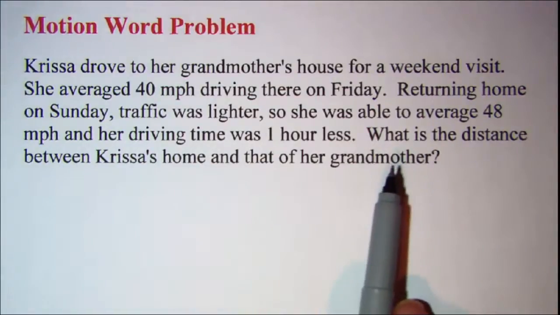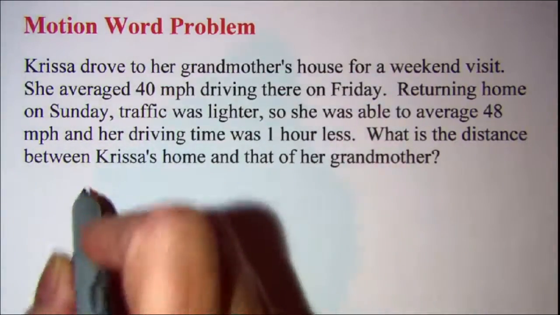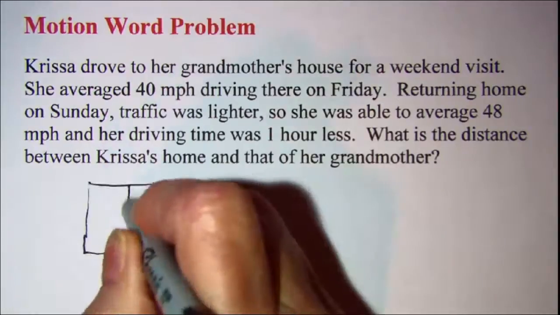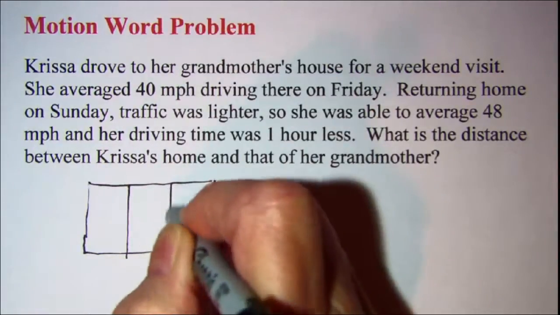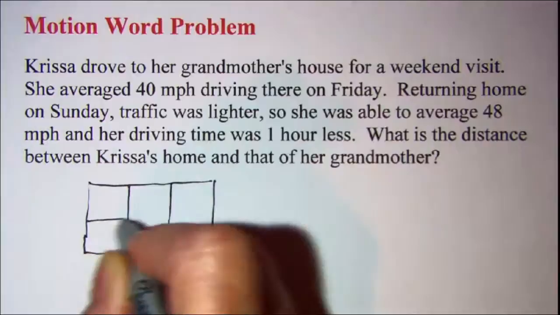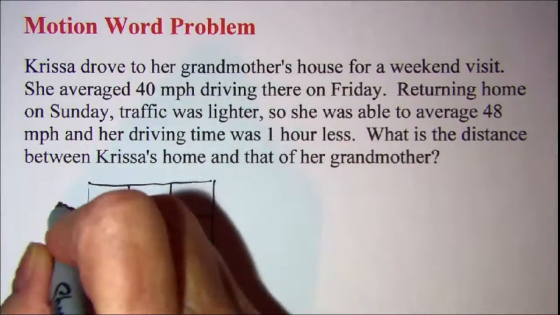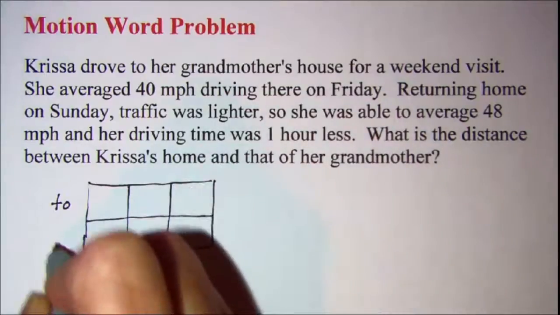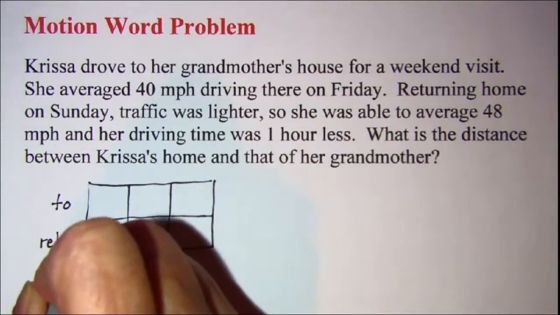Now, when I do a motion word problem, I like to organize my information in a chart, and I'm going to have 3 columns and 2 rows. The top row, I'm going to make that going to her grandmother's house, and then a return on the second row.